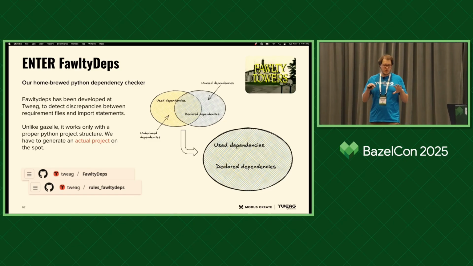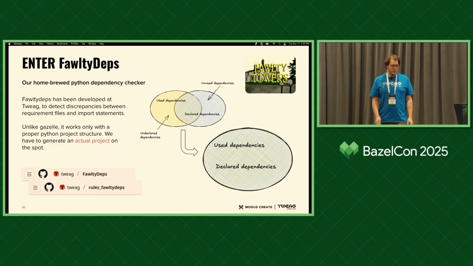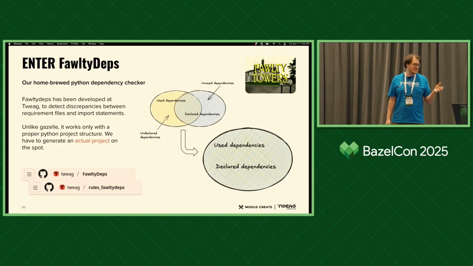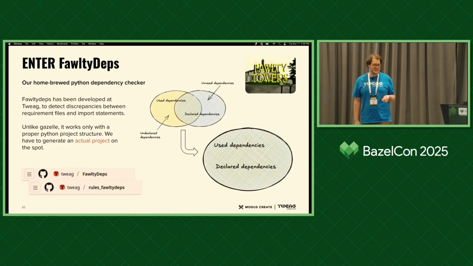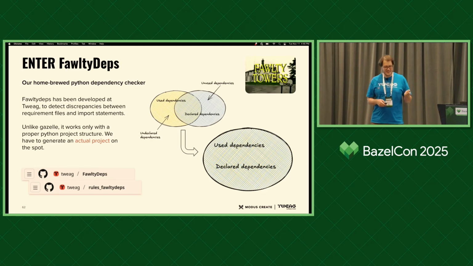The point is to ensure that you declare exactly what you use, no more, no less. Also, the project name comes from Fawlty Towers, because everything in Python needs to be named after Monty Python. I thought it was the snake, but apparently it's the Monty Python thing. I found the project name and I was so happy, so that's why I need to mention it.